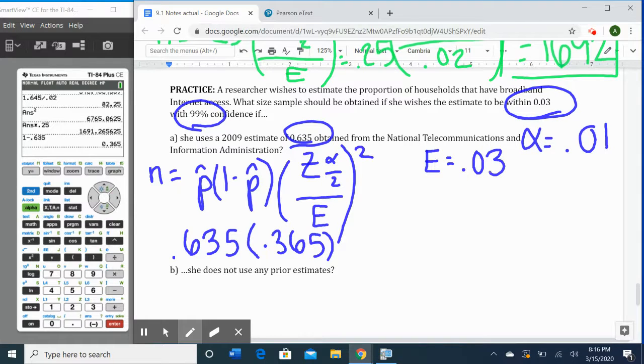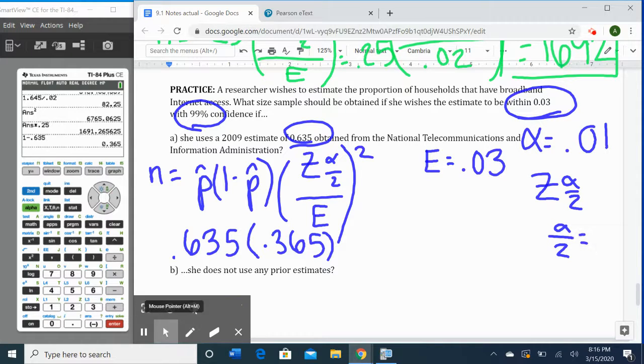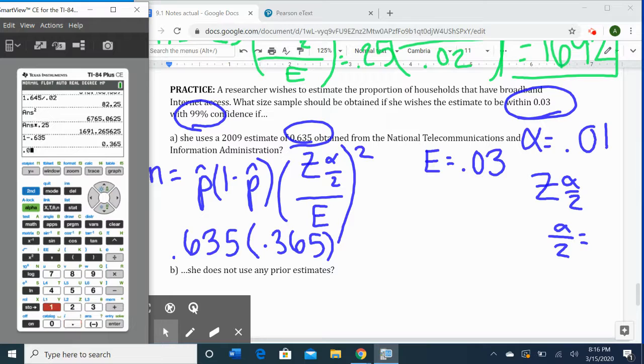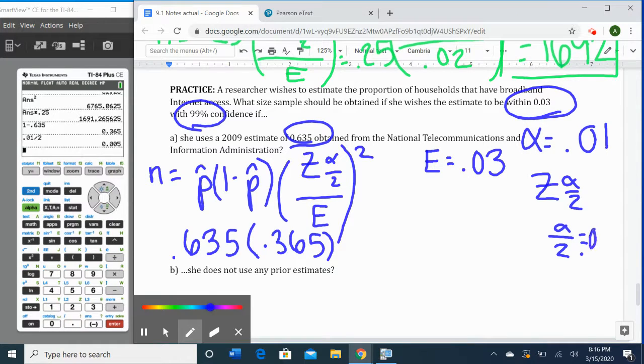So let's find z sub alpha over 2. Alpha over 2 is equal to 0.01 divided by 2, or 1% divided by 2, which is 0.005. So I don't want to lose that decimal.